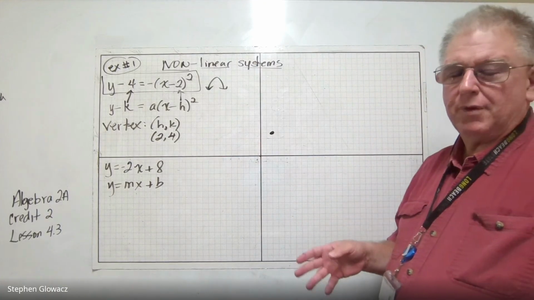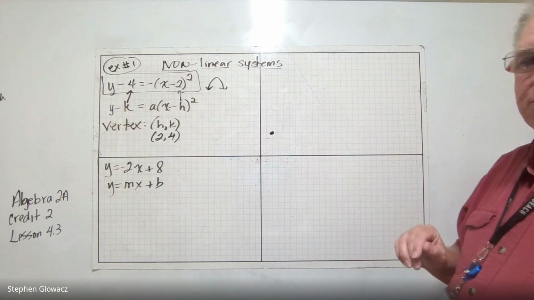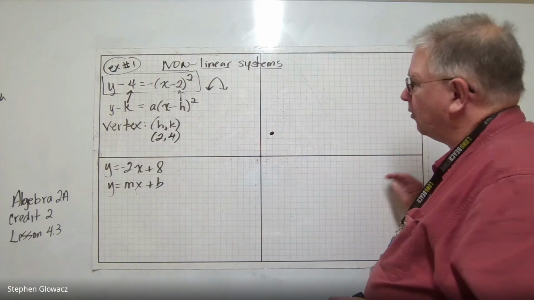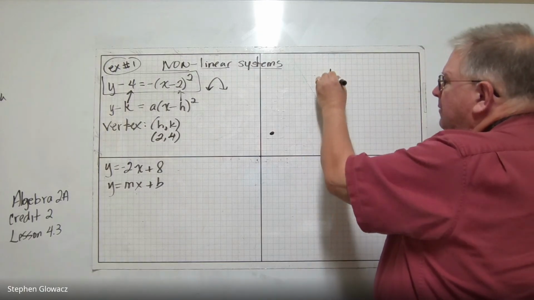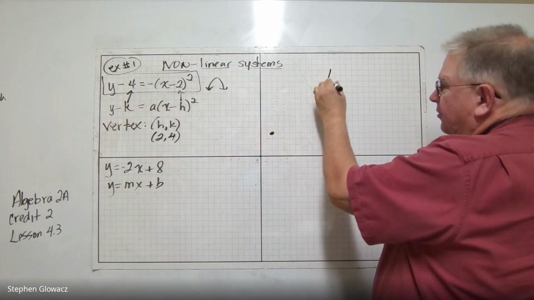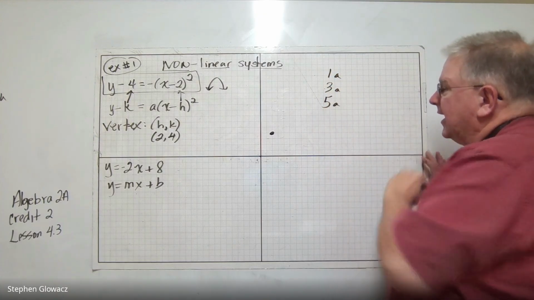Now, you may have graphed a parabola before, and you do this whole table of values, but we're going to show you, hopefully you might have seen this before, a quicker way of plotting the other points. In any parabola, the other points beside the vertex are going to follow this pattern of 1a, 3a, 5a.